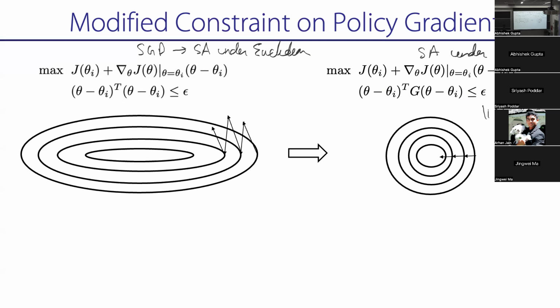The point is that you've changed the norm. If you choose G carefully, you can account for this parameter imbalance situation, and if G is properly adaptive to different choices of parameterization, it can account for the problems we saw in the last slide.